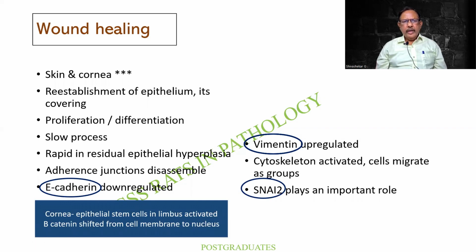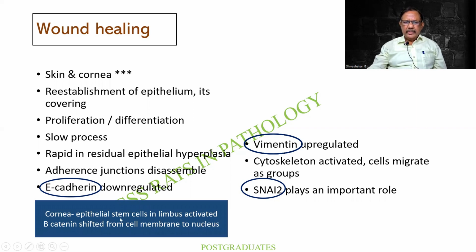Now, what is difficult for us to memorize this? Even closing my eyes, I can say that there is the cornea, there is the epidermis. And then there are the epithelial cells, there are the mesenchymal cells. There is a haphazard movement, E-cadherin is suppressed, vimentin is promoted. And you find that there is a dissolution of the matrix.